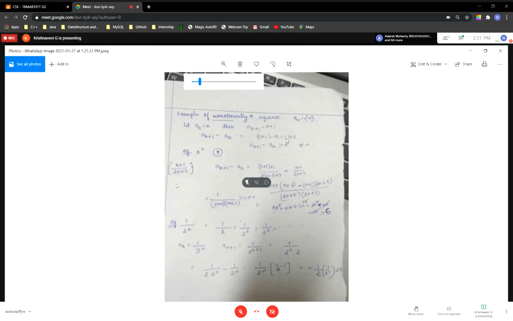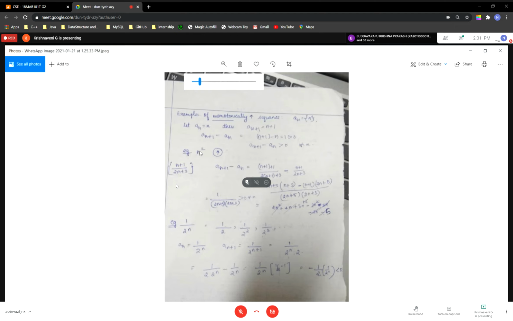If an plus 1 minus an is greater than 0, we can say that the sequence is monotonically increasing. In case we get less than 0, it is monotonically decreasing. That's a simple thing.